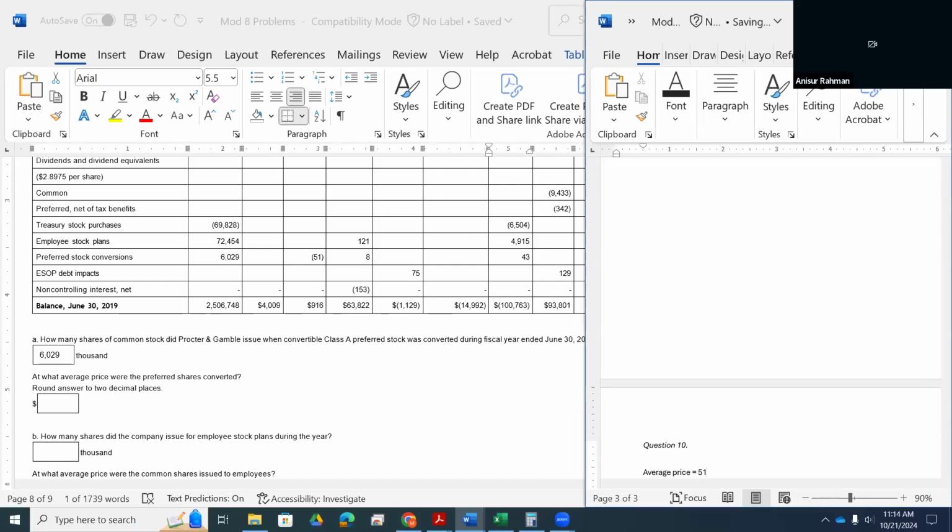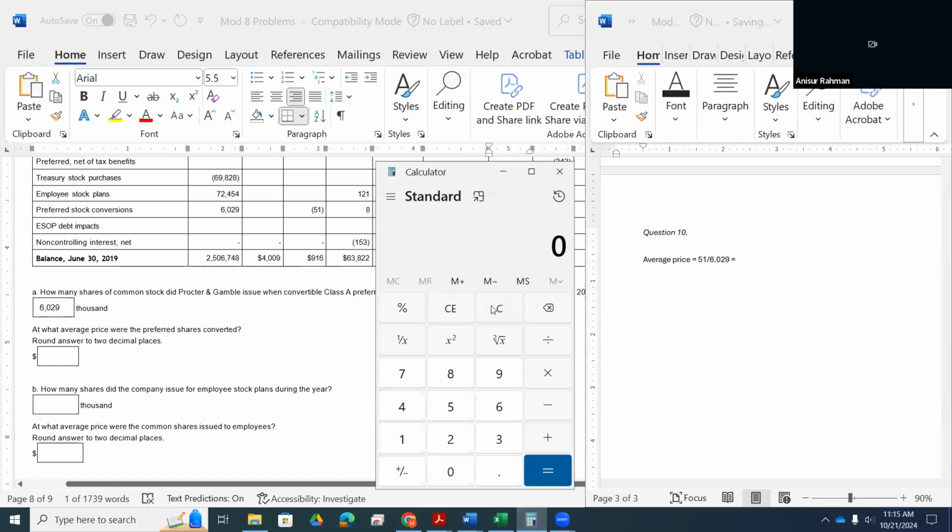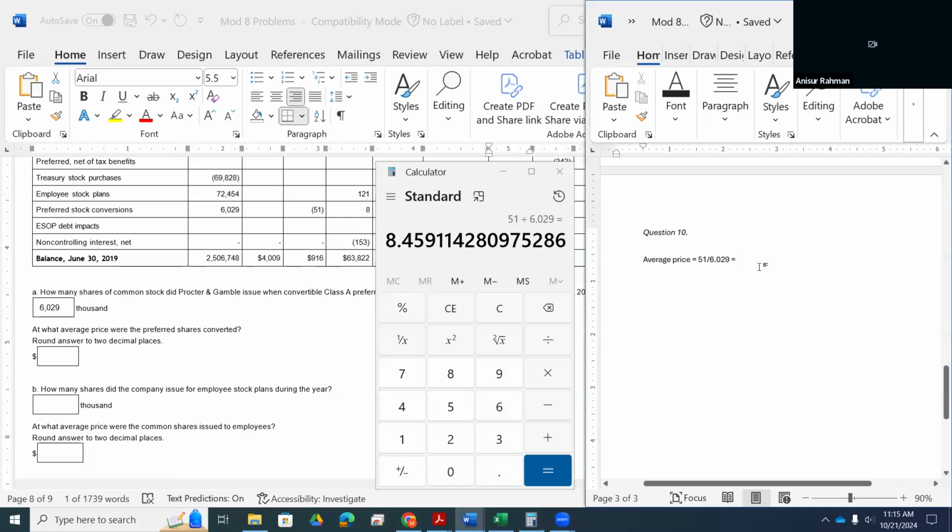That was in million, divided by number of shares, 6,029. This is in thousand, so in fact it basically means 6.029. So 51 divided by 6.029, to 2 decimal places, is 8.46. Okay, so that is our part A.